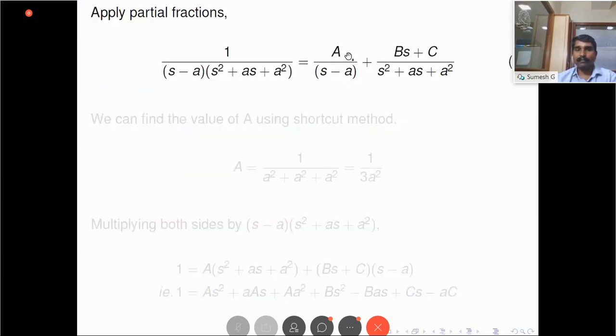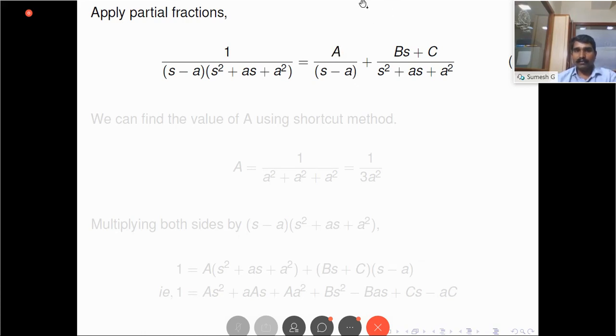This is the partial fraction form: A by s minus a plus bs plus c divided by s square plus as plus a square. And here capital A is the coefficient of 1 by s minus a, that is, the coefficient corresponding to the non-repeated first degree term. So we can find A using the shortcut method.